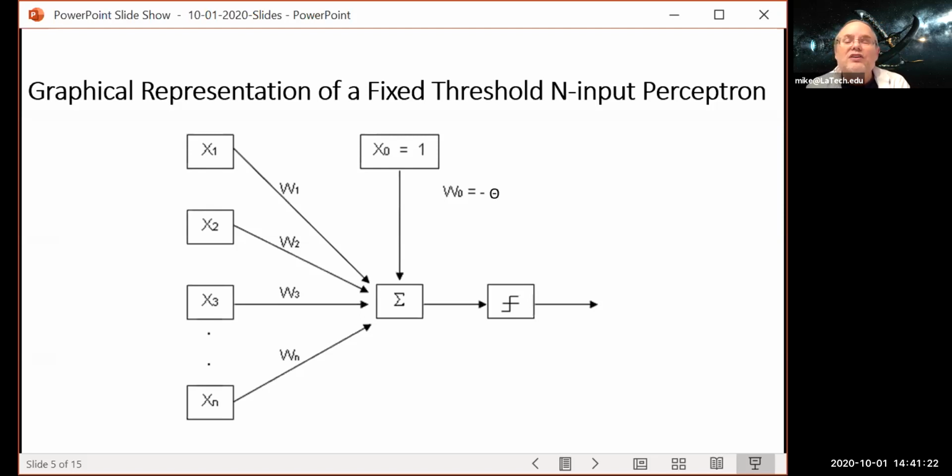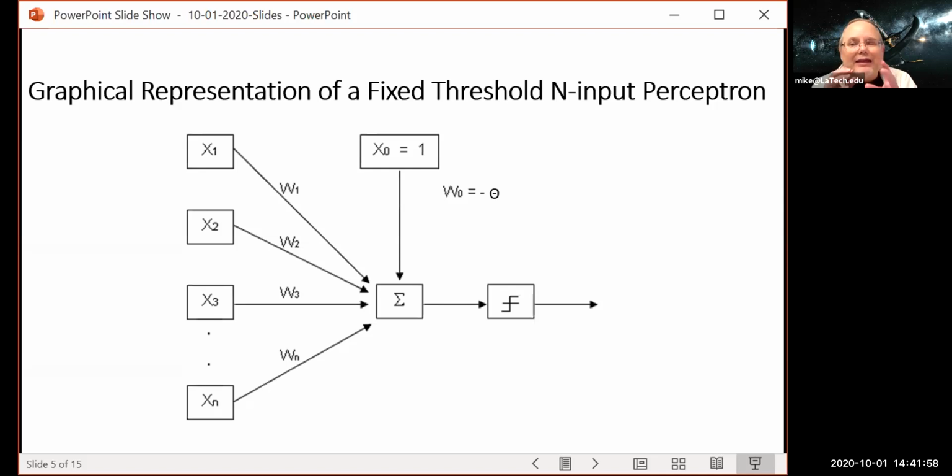Well, one of the nice features of the perceptron learning rule is that it doesn't matter, ultimately, what you set your weights to. If it's a perceptron learnable problem, the perceptron learning algorithm will converge to the solution. That's a fancy way of saying if it is possible for a perceptron to solve this problem, the perceptron learning algorithm will solve the problem regardless of what initial weights you start with.